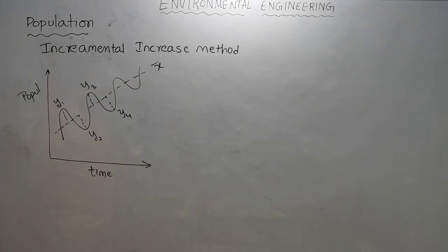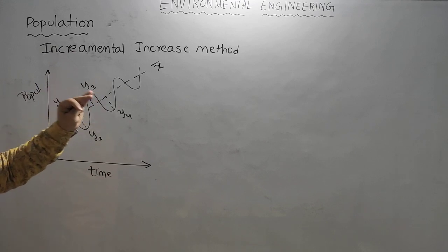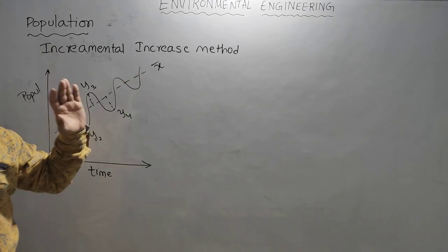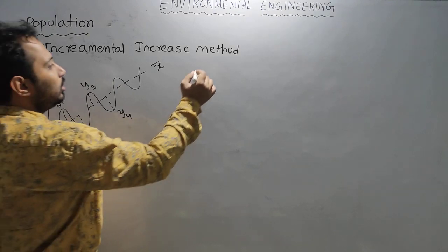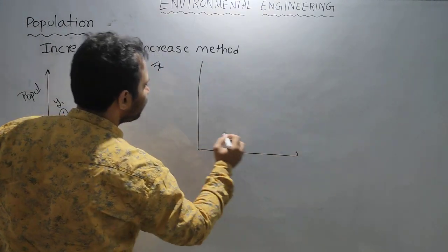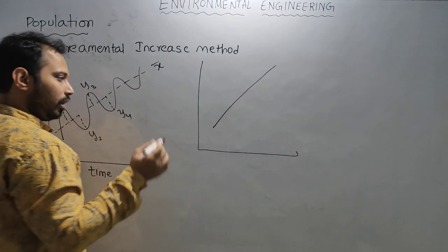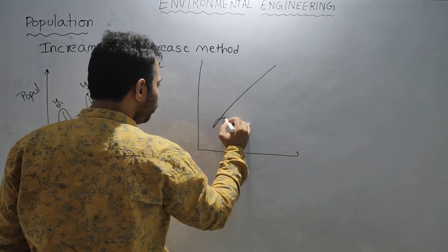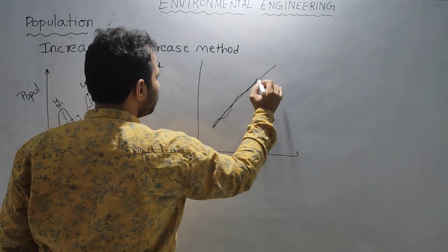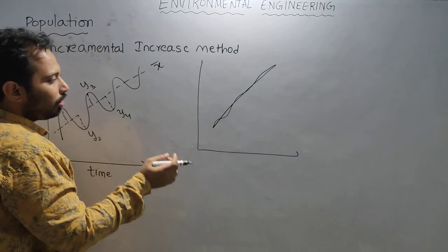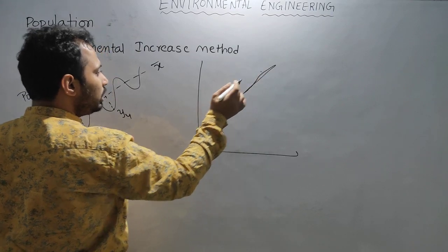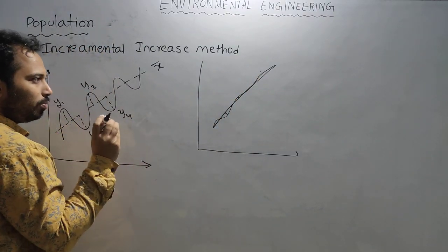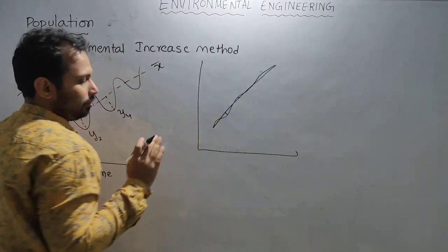Though I am using the arithmetic increase method, I assume it is a straight line, but in actuality it is not a straight line. It also has a curve. If I take the arithmetic mean method, I just take it like this, but in reality it may also have small curvatures like this. We don't know. But these values are very negligible, so I assume it is X bar directly.